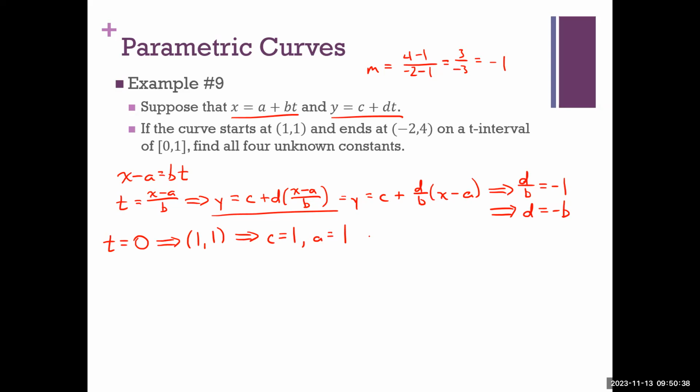Okay, so I think we got two of the unknowns because when we plug in 0 for t, that's going to annihilate basically b and d. So we know that the values of a and c come from where this curve starts.